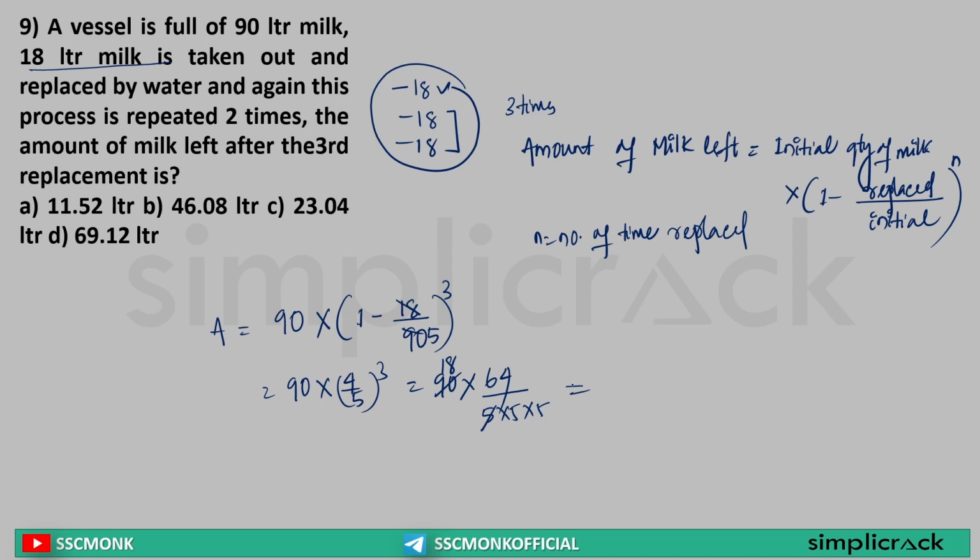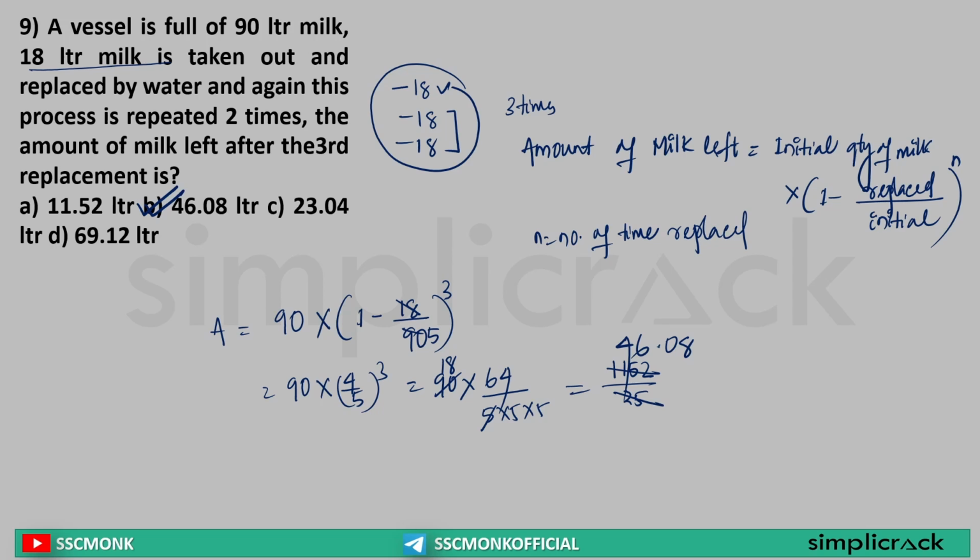Sir, 18 sixes are 1080, 18 fours are 72. So it is 1080 plus 72 is equal to 1152 divided by 25. Sir, 25 fours are 100, 25 sixes are 150, 25 eights are 200. So the amount of milk left is equal to 46.08 liter.